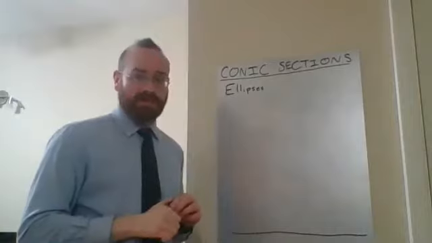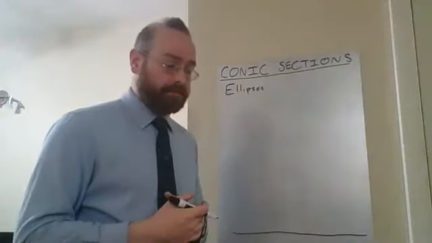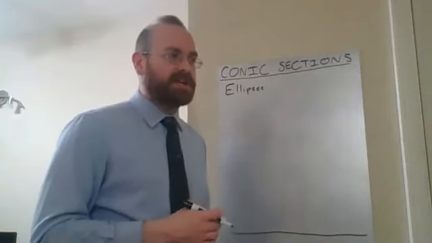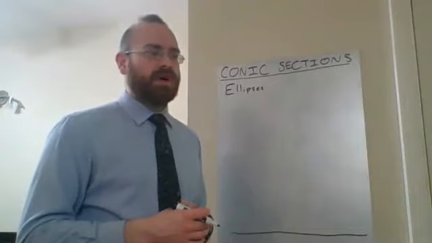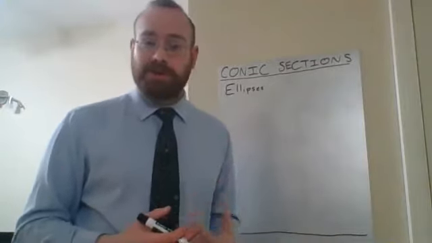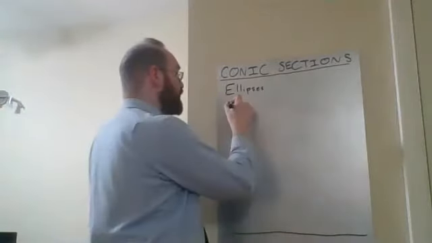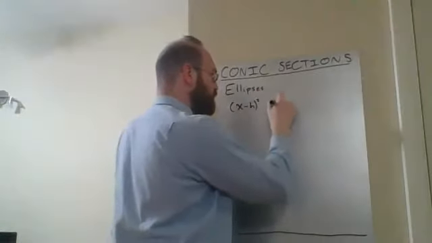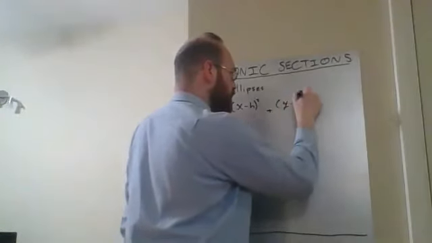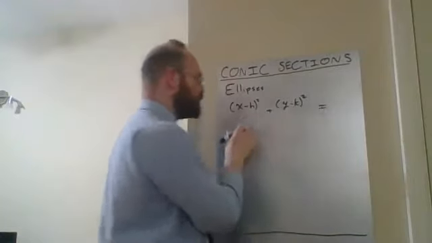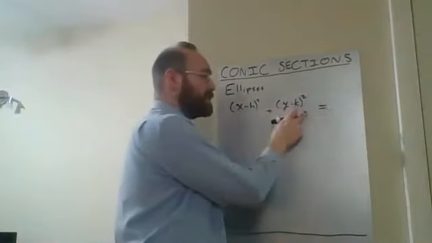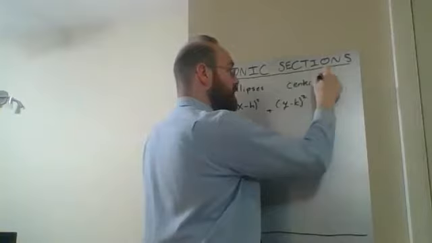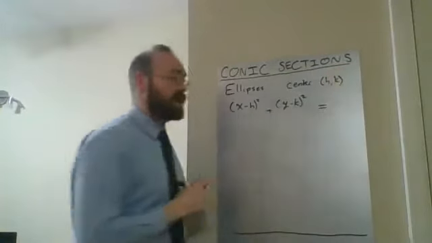Ellipses have two different equations. It's incredibly annoying, but they share enough similarity that if you understand the form of one of the equations, you'll automatically understand the form of the other. So ellipses start off looking very much like circles, in that we have the x minus h squared, the y minus k squared, and so the center is still going to be at h comma k, just like for our circles.